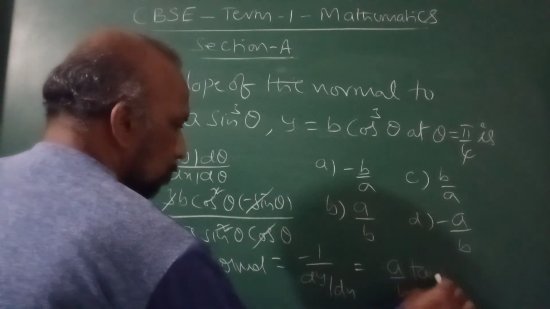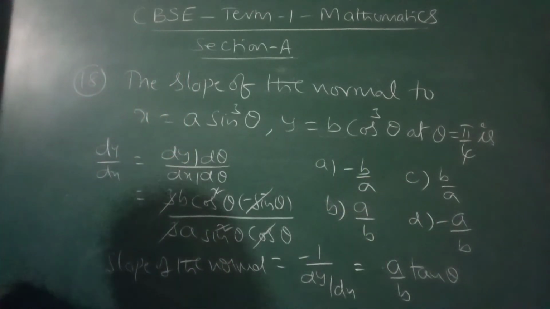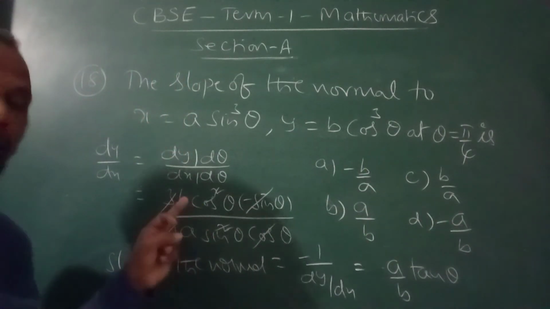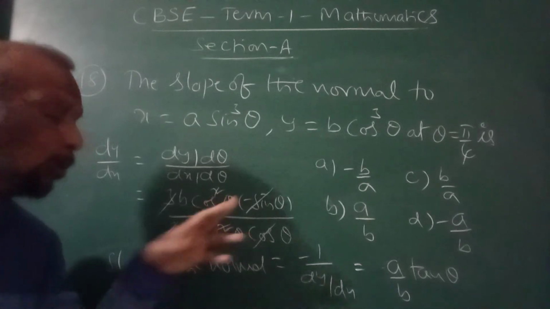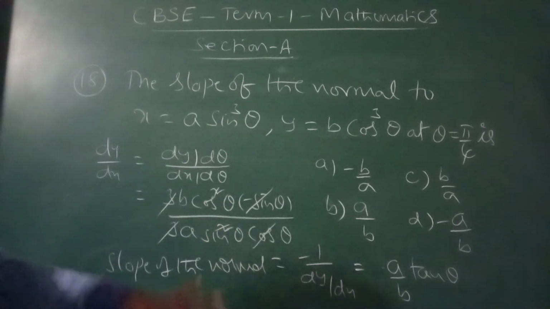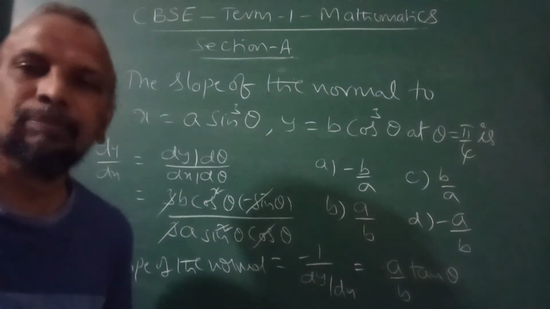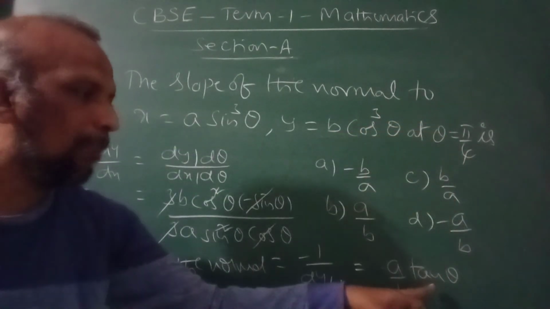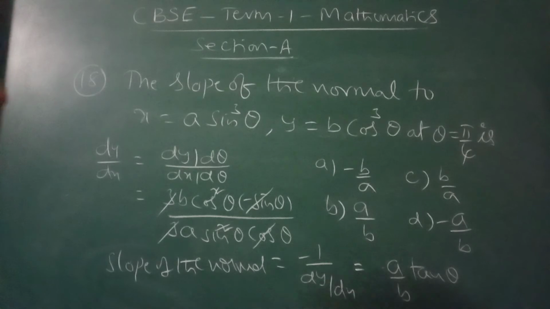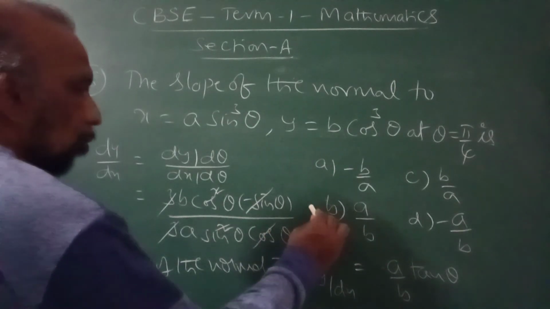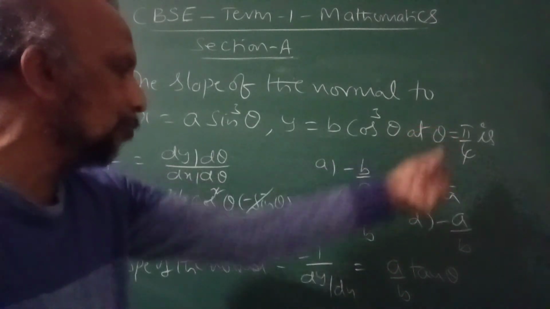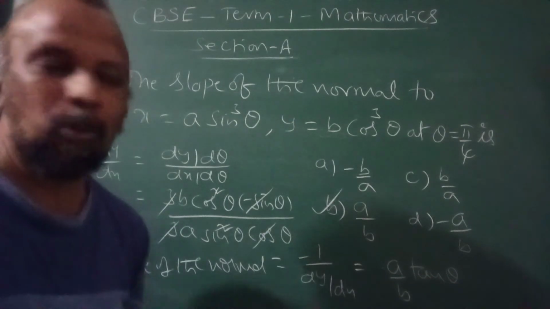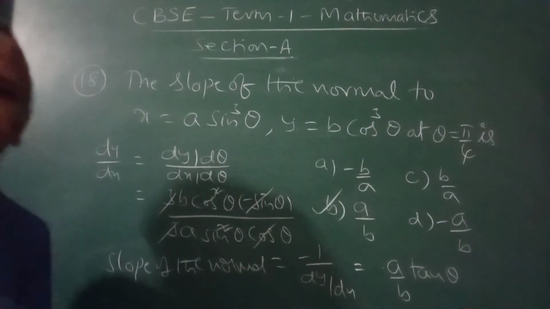You get b by a cot theta reversed, which becomes a by b tan theta. At what value are they asking? At pi by 4. Tan pi by 4 is 1. So the slope of the normal at pi by 4 is a by b tan pi by 4, which gives the answer a by b.